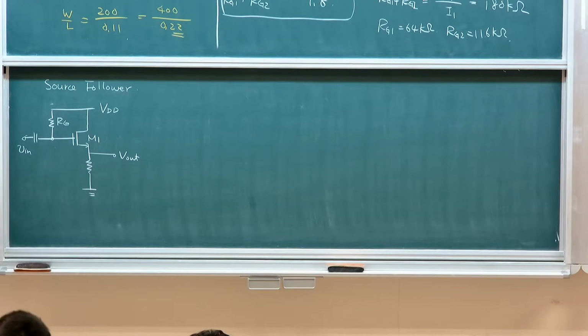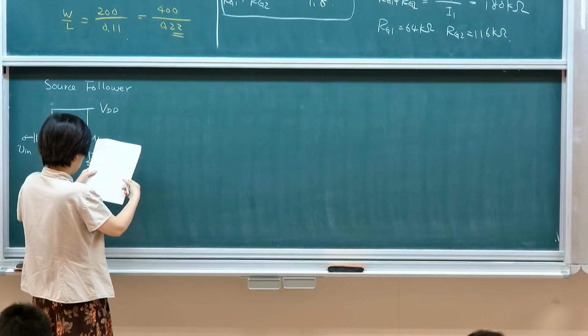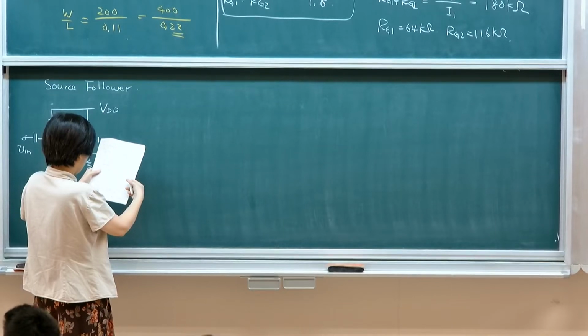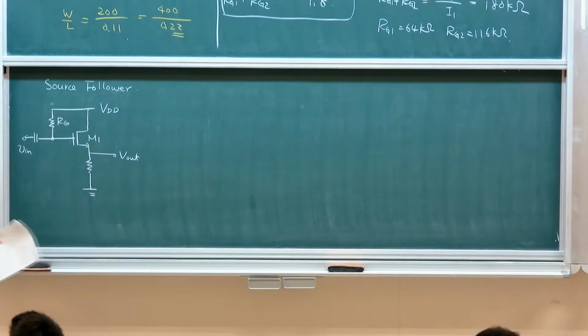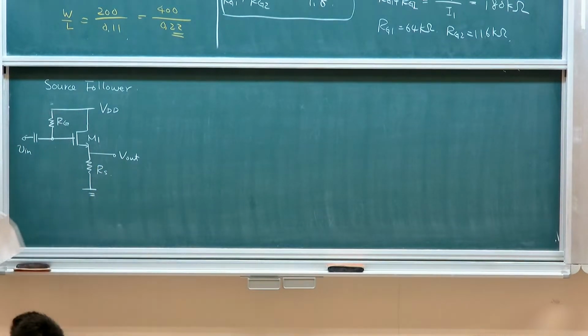Let's say I want to set, okay. So the design problem is, we're going to consider two cases. One is that you include body effect, the other is you exclude body effect. And we're going to see how much discrepancy there is in your design solution.